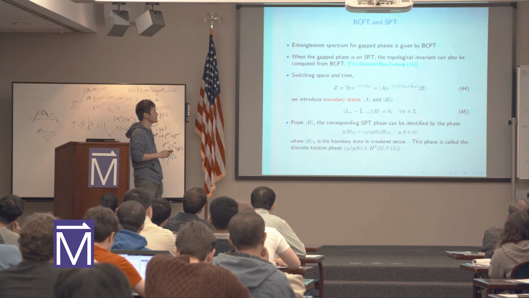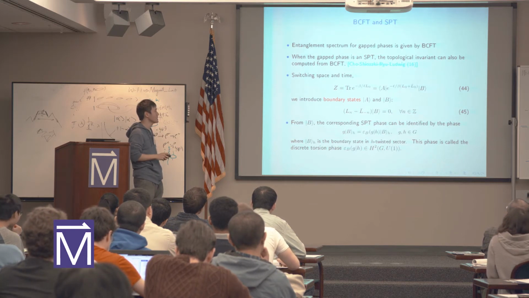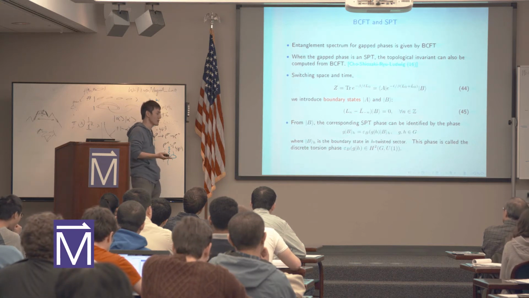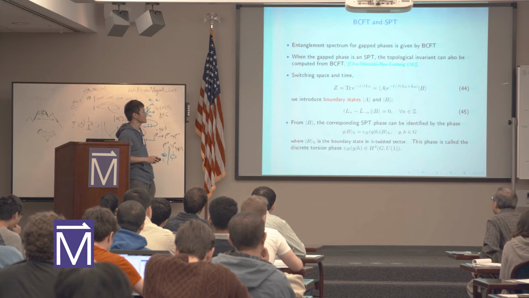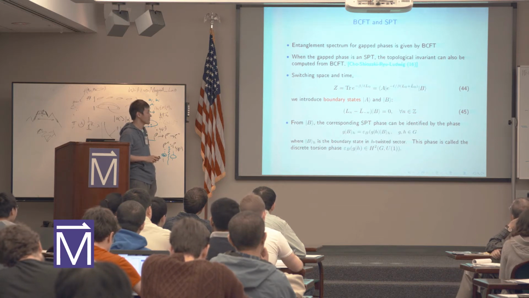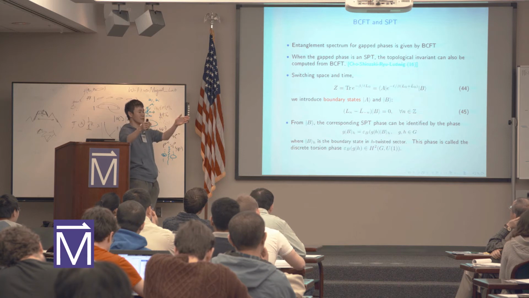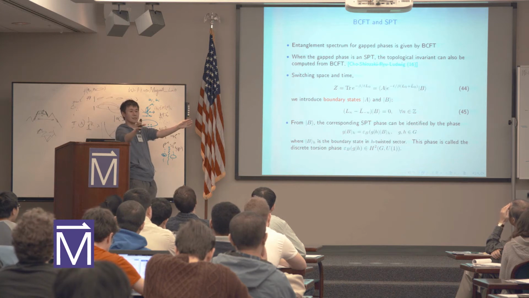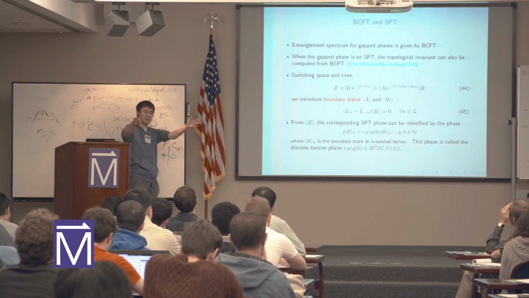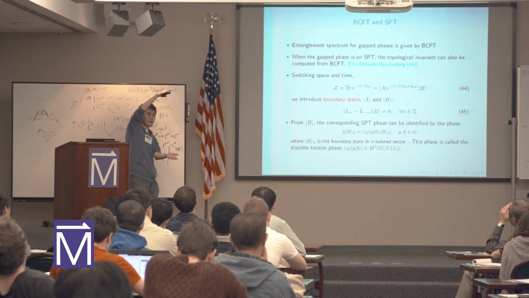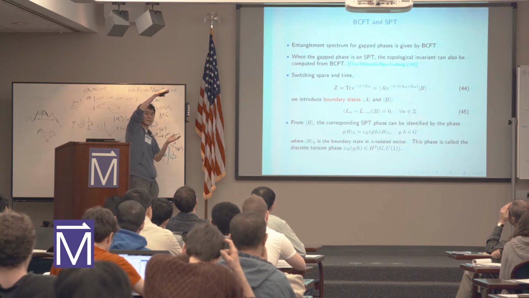By this 90-degree rotation, we identify states which are living on the temporal boundary, and that is called the boundary state. Okay. In the original picture, there is a type of boundary you can specify here and there. You can put different boundary conditions. After the 90-degree rotation, you identify different kinds of states.